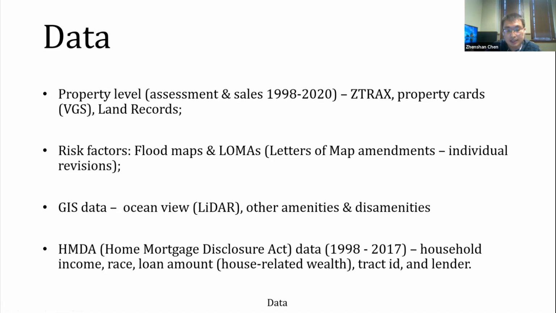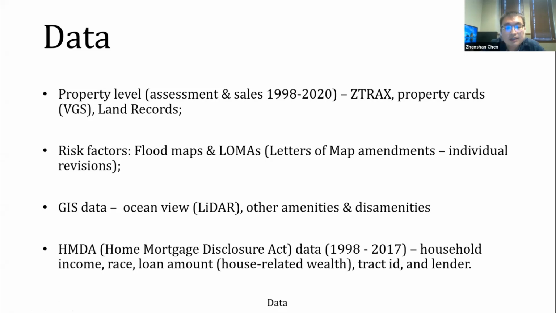Okay, then it's the GIS data. The most important data set for this study would be the LiDAR data. We collected the LiDAR data for coastal Connecticut and calculated the ocean view for each property on the coast. Of course, we have a lot of other amenities and disamenities from this geographical data set.